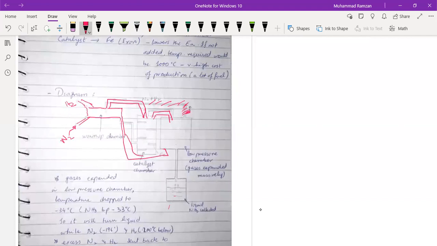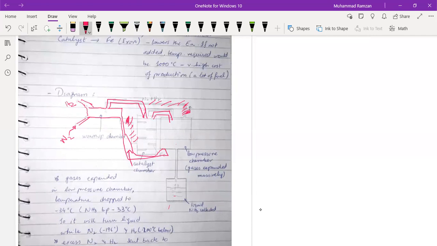It's linked with this, basically this. This was wrongly made, I have changed this. So basically, unreacted N2 and H2 are pushed through this pipe.